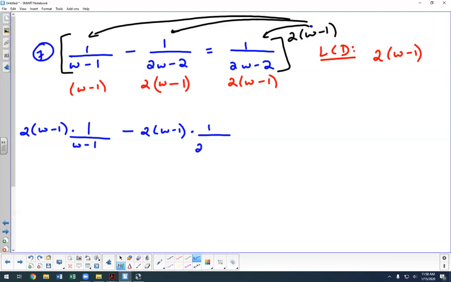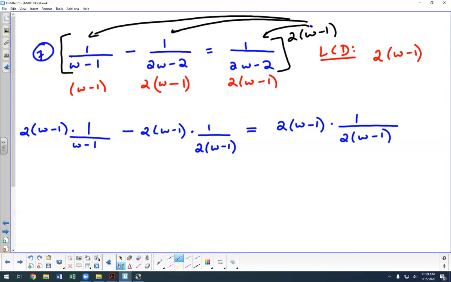So 2 times w minus 1 here equal to, again, my LCD, 2 times w minus 1 and multiplied by our expression 1 over 2 times w minus 1. So I'm taking that LCD and multiplying it with each single term of our equation.